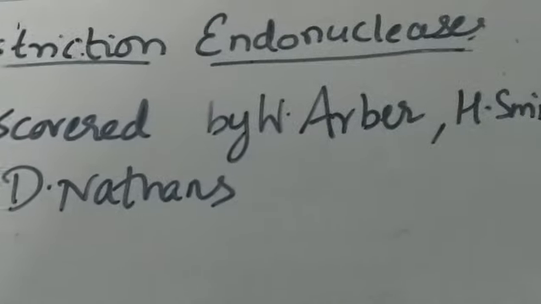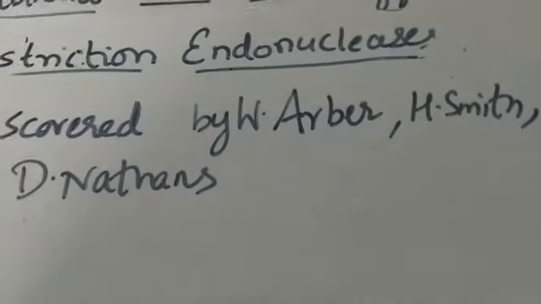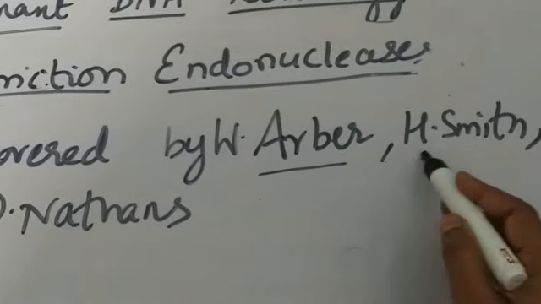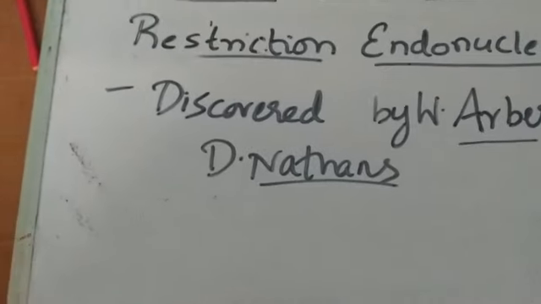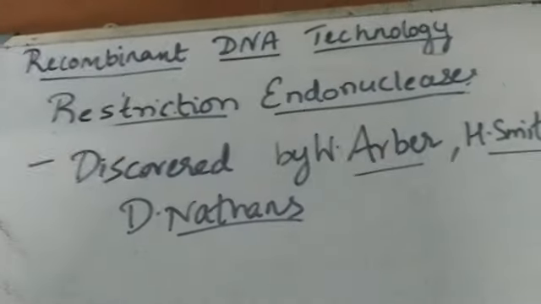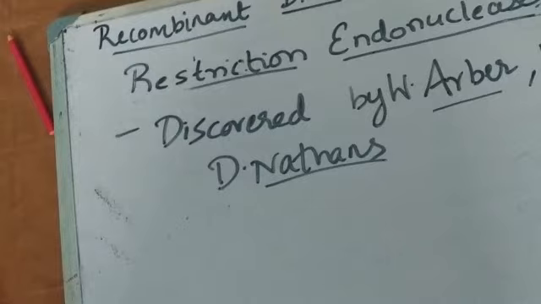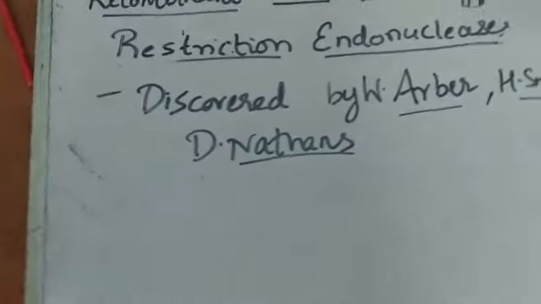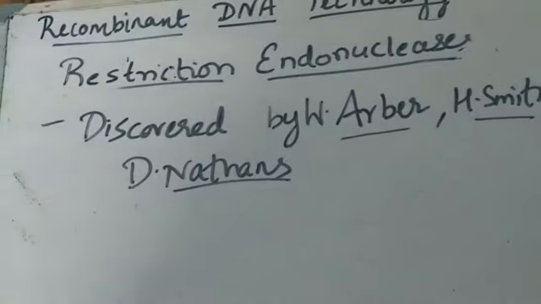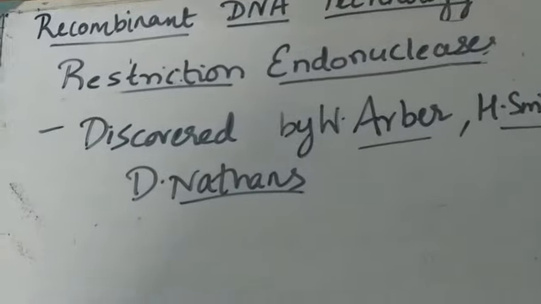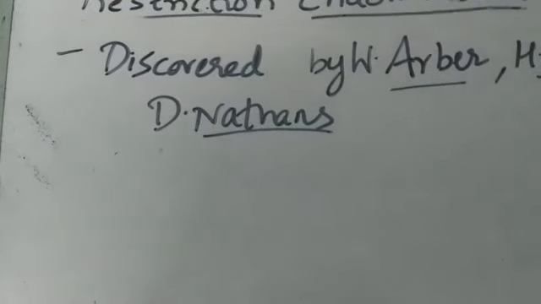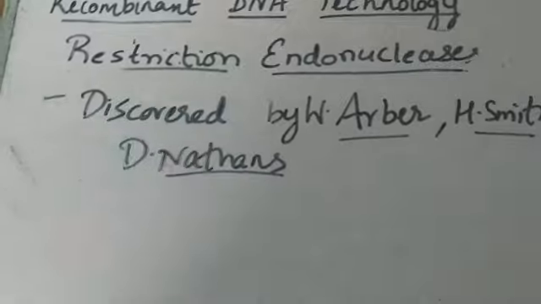These are the scientists who discovered the restriction endonucleases. They discovered restriction endonucleases first in a bacterium, after which more than 250 restriction endonucleases have been discovered in many different types of bacteria.